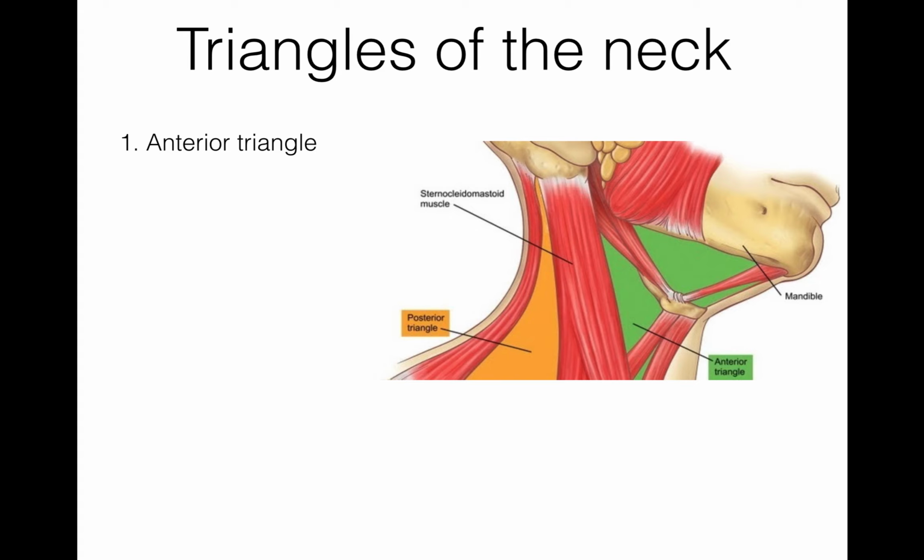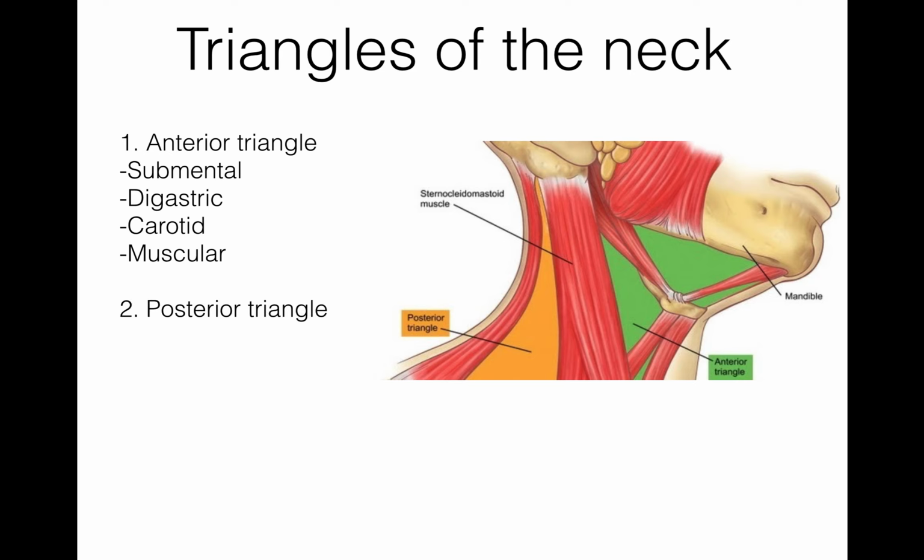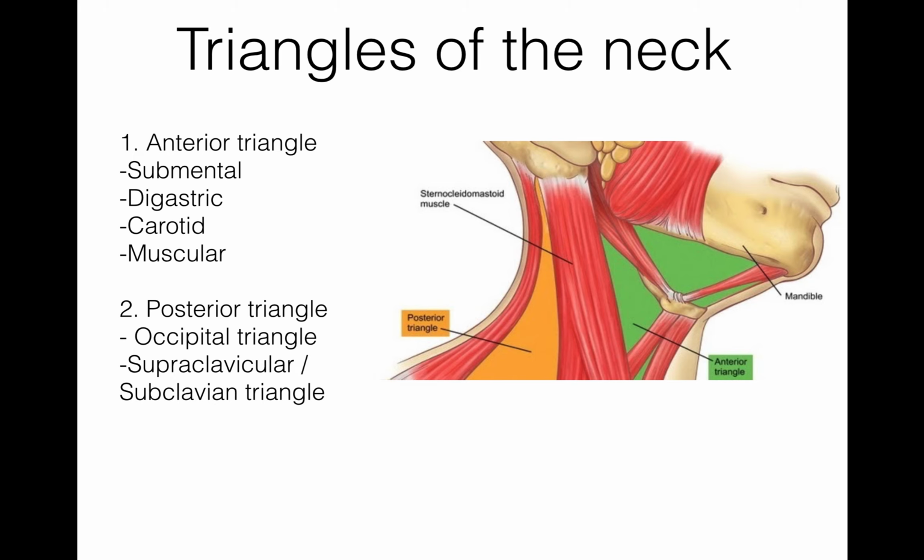The anterior triangle can be divided into four types, which are the submental, digastric, carotid, and the muscular triangles. And the posterior triangle can be further divided into the occipital triangle as well as the supraclavicular triangle.